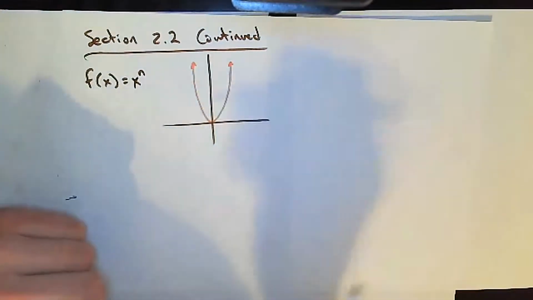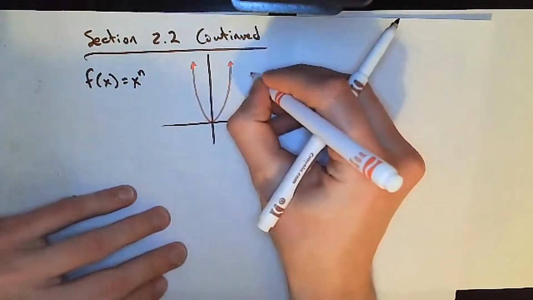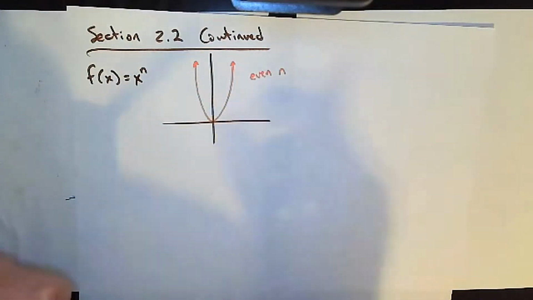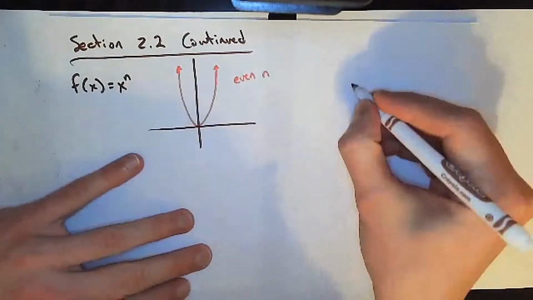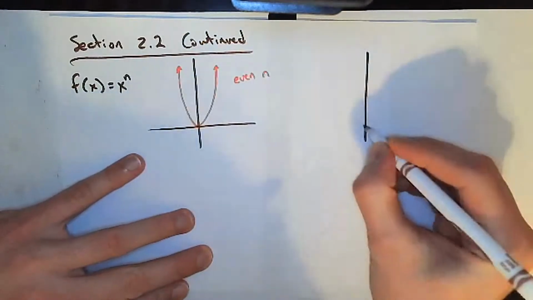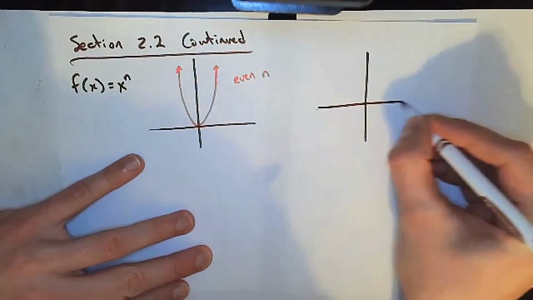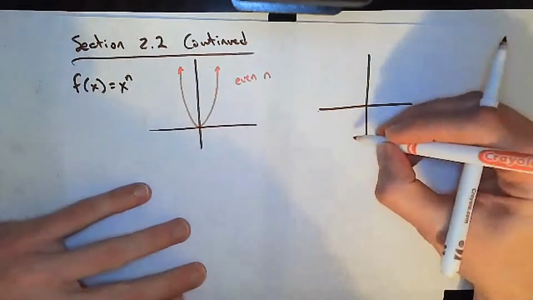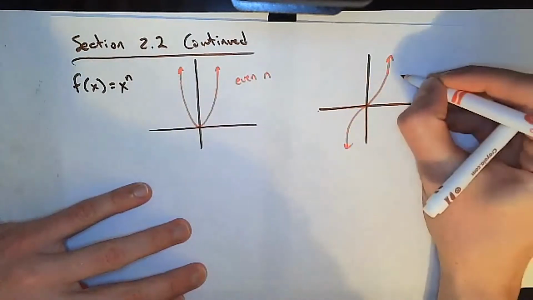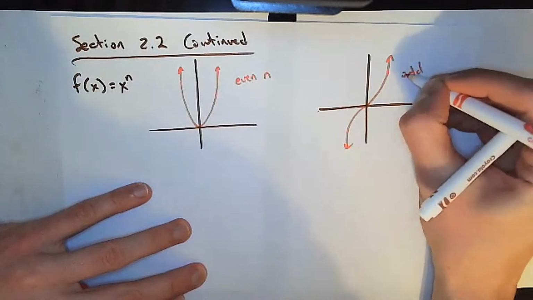If n is even, so this is for even n values like x squared, x to the fourth, x to the sixth, etc., both legs point in the same direction, in this case both pointing up. And then we had the odd functions, or rather the odd exponents, so with odd values of n.